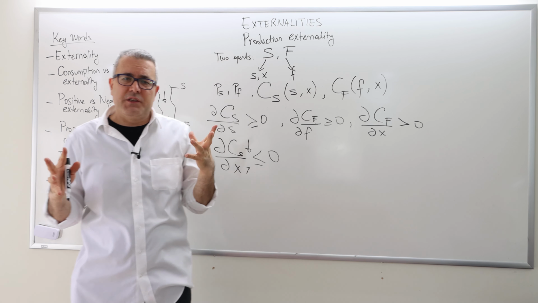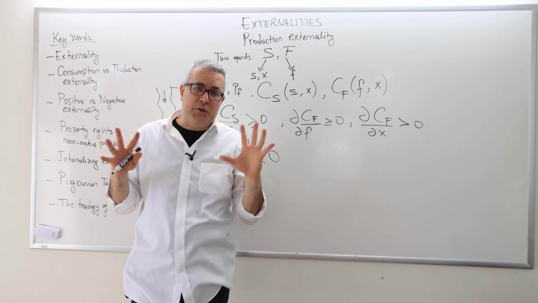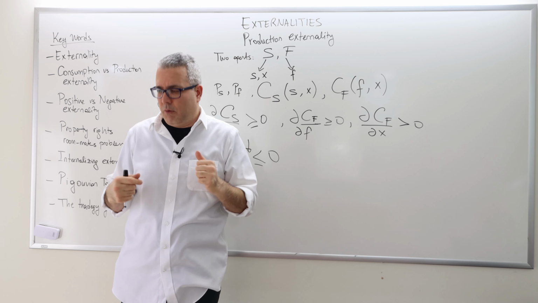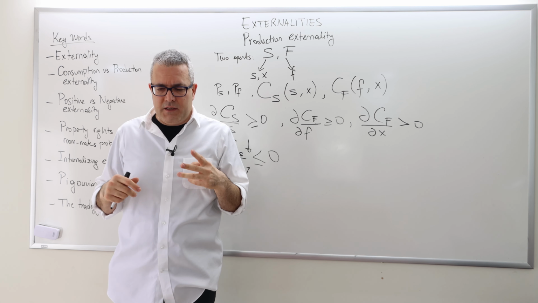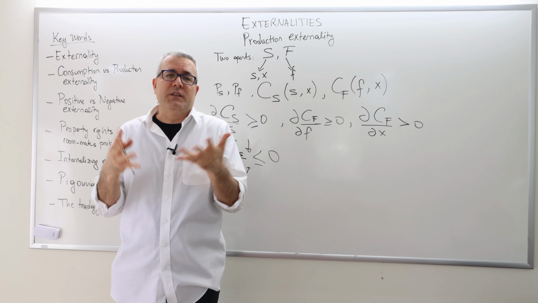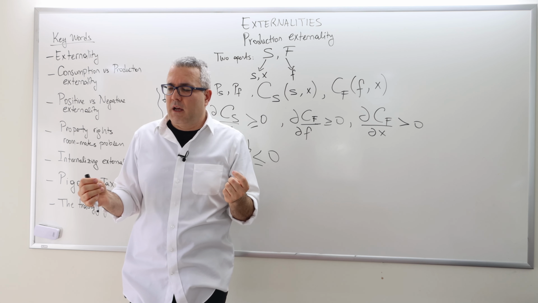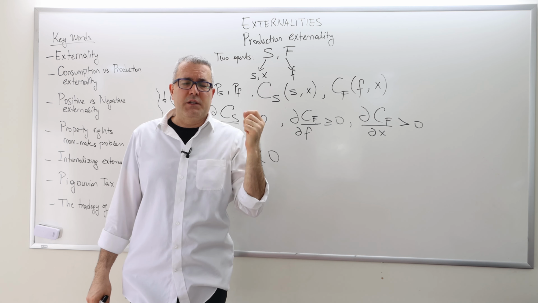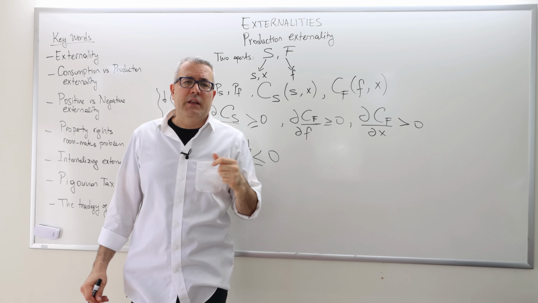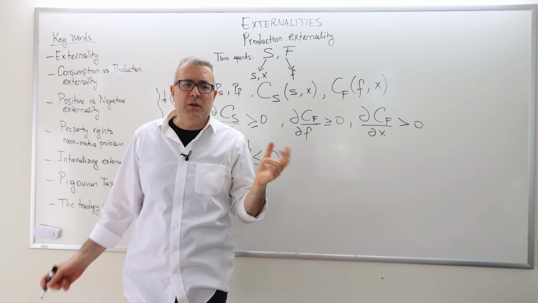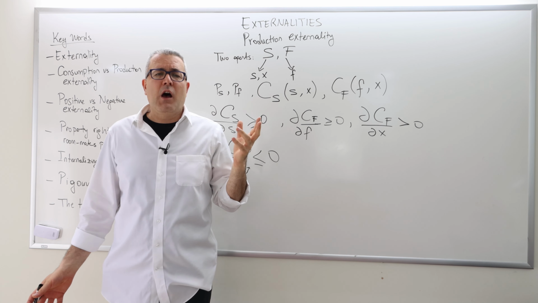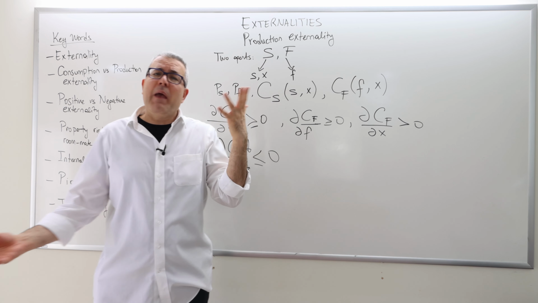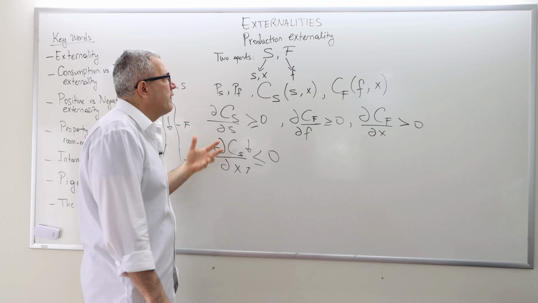First of all, there's no market for pollution, let's suppose, so they can't trade. And second, these two are separate firms, a steel company and a fishery. They are owned by different people, they only care about how much profit they will get, and they choose their variables independently.